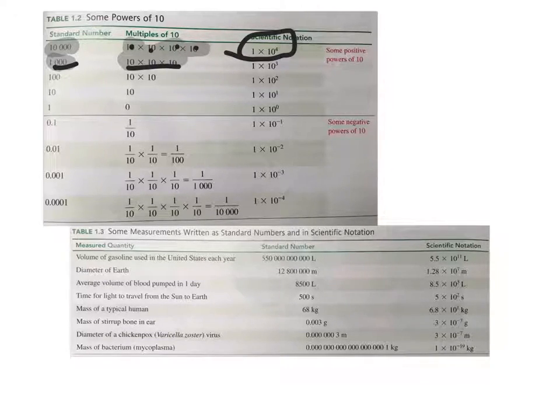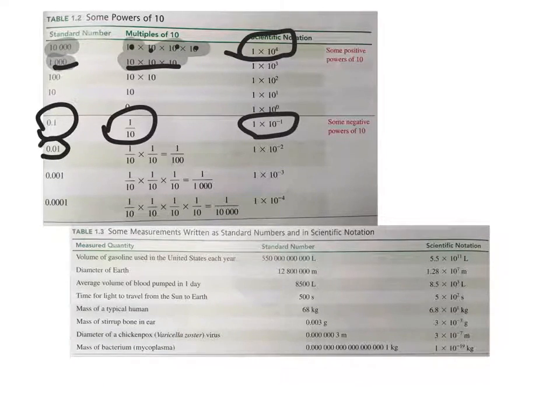Now, if you have 0.1 in standard notation, that's the same as 1 divided by 10, or 10 to the negative 1st power. This number here has 2 zeros in it, before and after the decimal. It's 1/10 times 1/10, or 1/100th, which is 1 times 10 to the negative 2nd power.